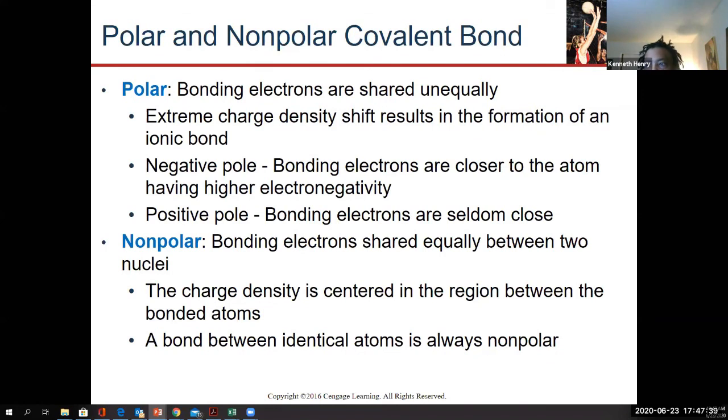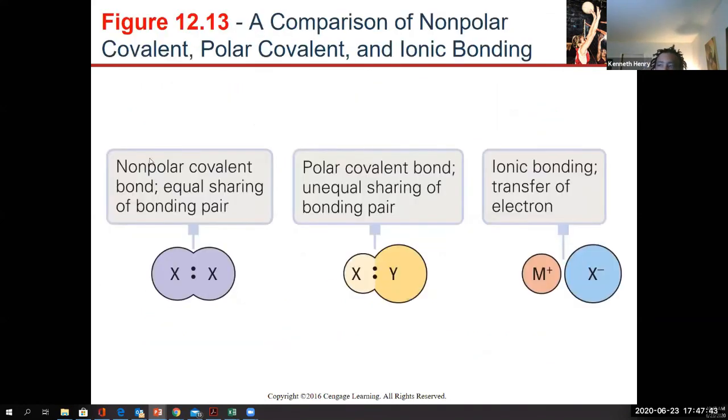They're really close to even. So these are examples of nonpolar, so even sharing. This is an example of polar. To explain it, here Y is bigger than X. The two X's here are equal, so they're the same size. And then ionic is when you just transfer the electrons completely.